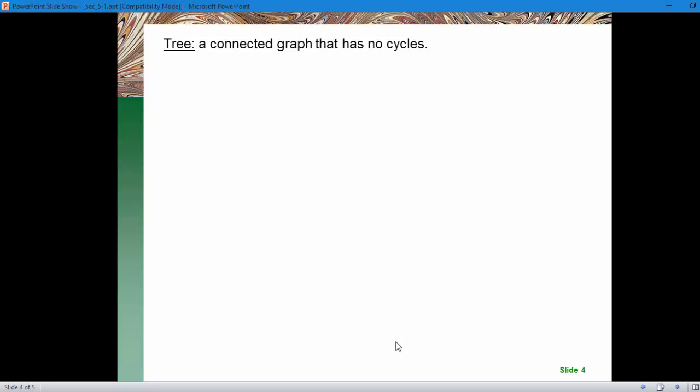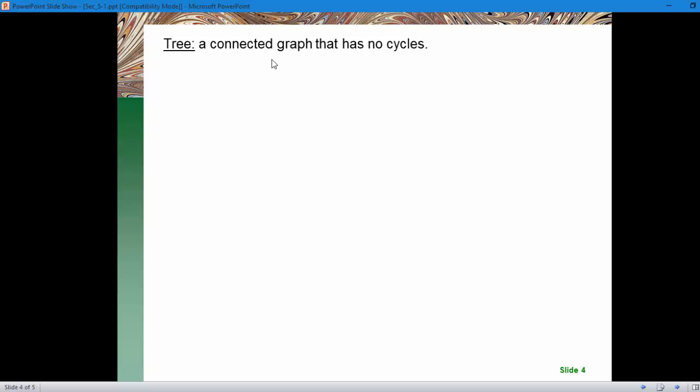And here we define formally what a tree is. A tree is a connected graph that has no cycles. It's a very simple definition, and it has basically 2 simple properties in the definition. First, a tree is actually a graph.